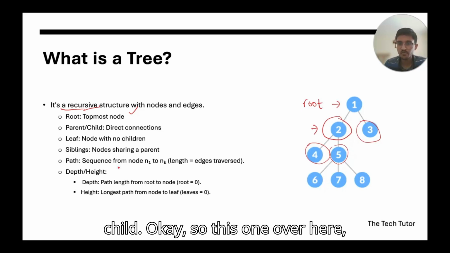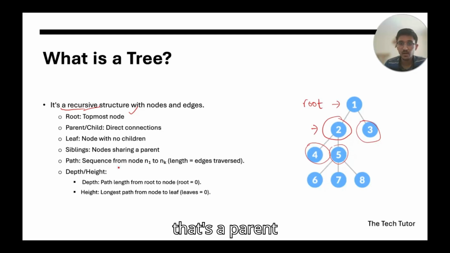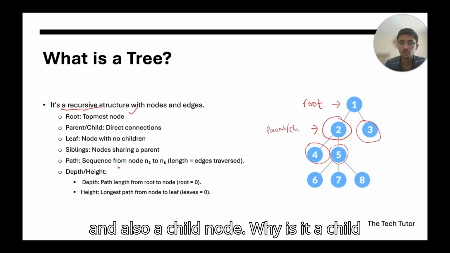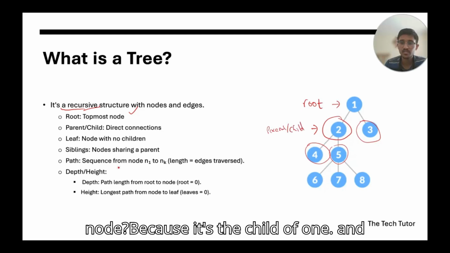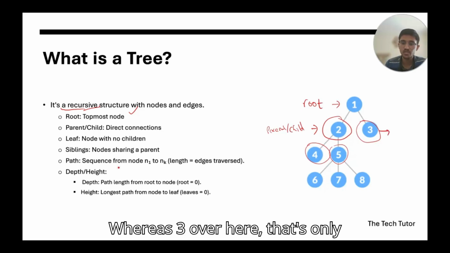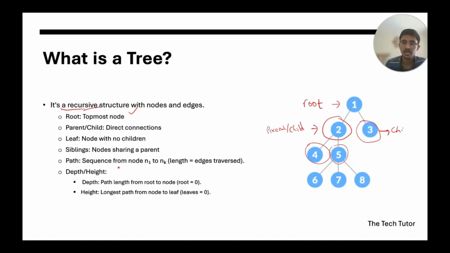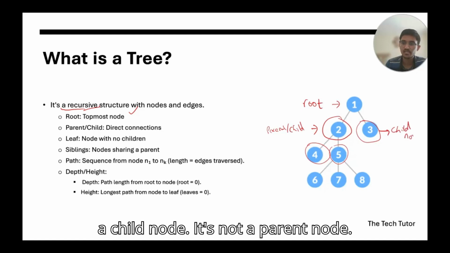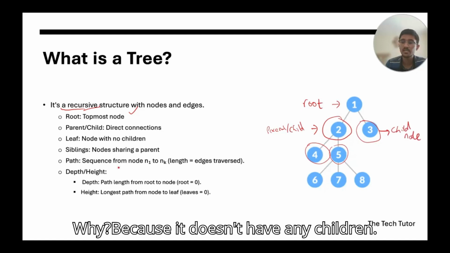So this one over here is a parent and also a child node. Why is it a child node? Because it's the child of 1, and also it's the parent of 4 and 5. Whereas 3 over here is only a child node. It's not a parent node, because it doesn't have any children.